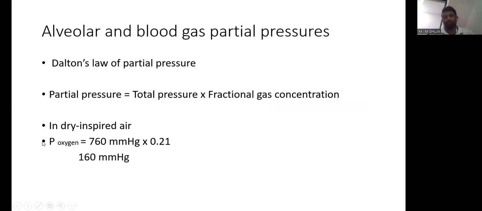If you take the oxygen in the air, the total pressure in the environment, 1 atmospheric pressure, is 760 millimeter mercury. The percentage of oxygen in environmental air is 21%, that means 0.21. So, the partial pressure of oxygen is 760 into 0.21, 160 millimeter mercury.